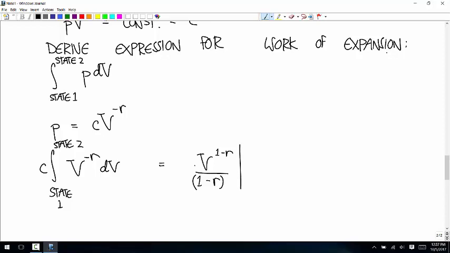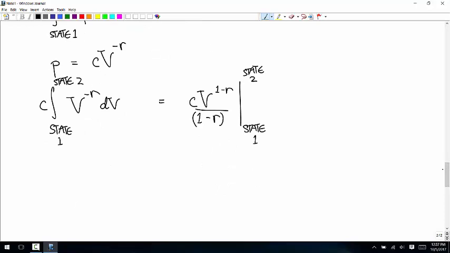And then we still have the C, and we're evaluating from state 1 to state 2. And so now I can write this as C V2 to the 1 minus n minus C V1 to the 1 minus n, all over 1 minus n.